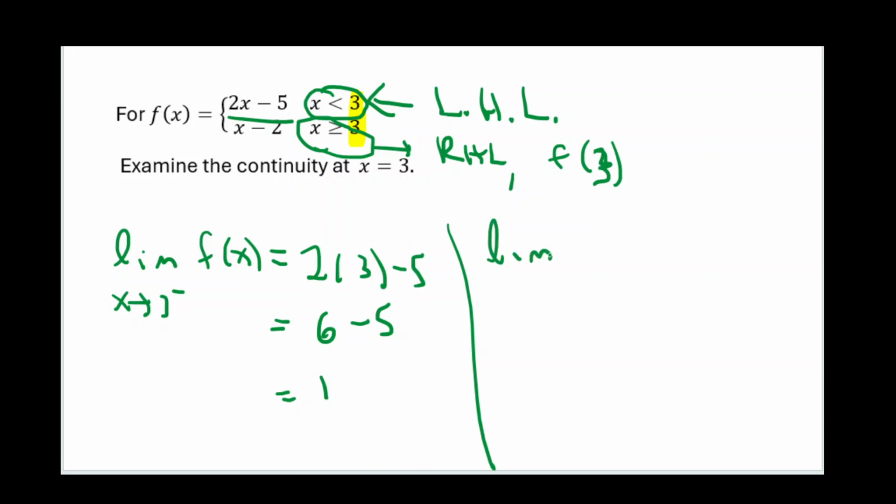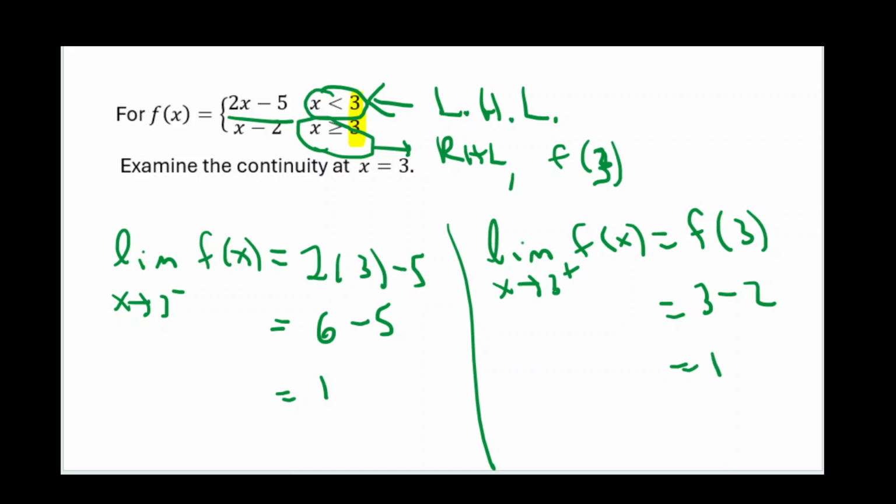And then the right-hand limit as x approaches 3 from the right is also equal to the function itself at 3, which is 3 minus 2, which is 1. So the left-hand limit, the right-hand limit, and the function itself are all equal to 1.